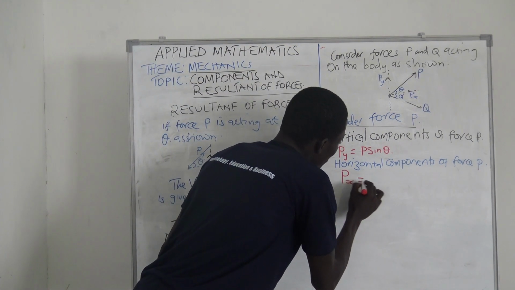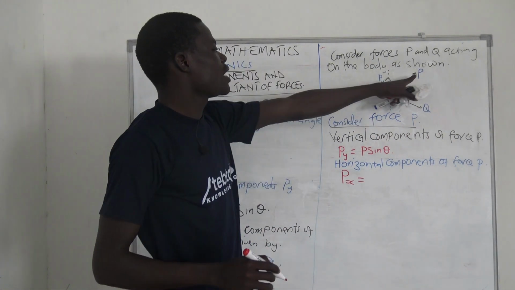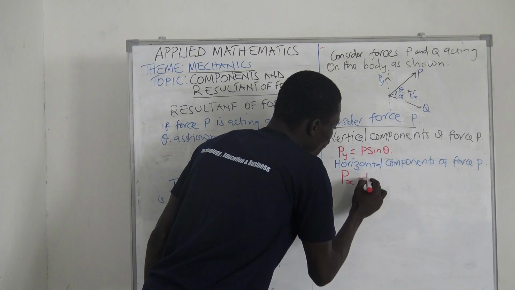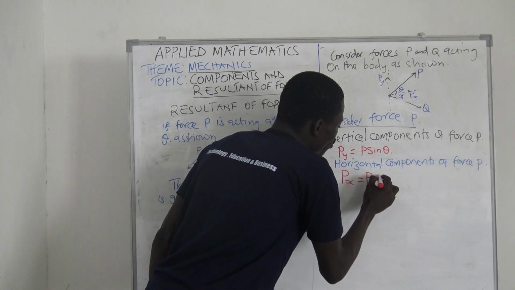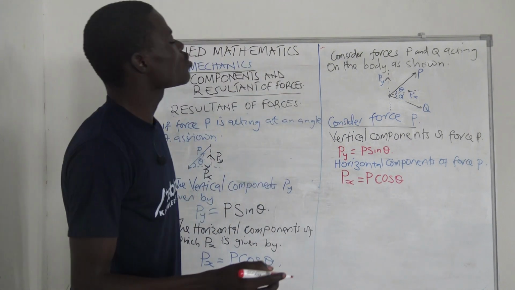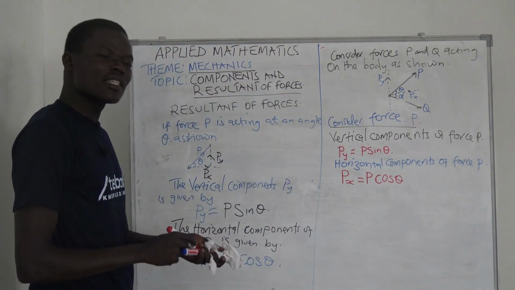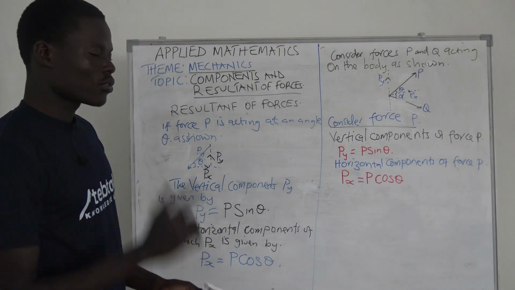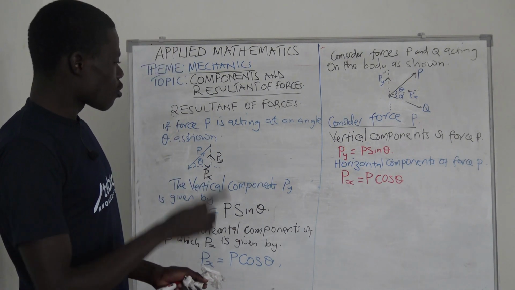Px equals P times the cos of the angle. When we are on the horizontal axis we use cos. When we are on the vertical axis we use sine. Vertical sine, horizontal cos.